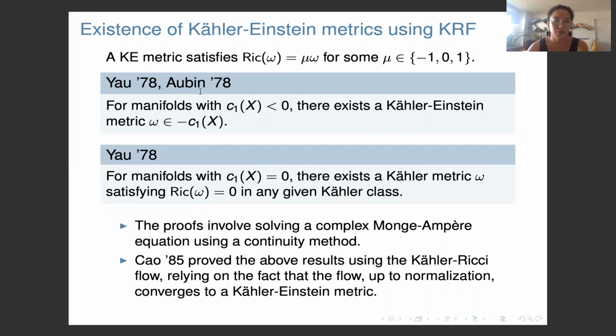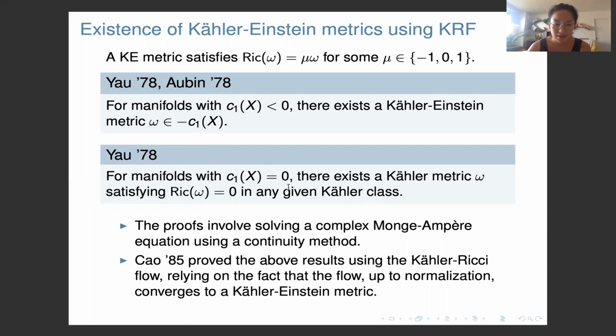In 1978, Yau and Aubin showed that for manifolds with negative first Chern class, there always exists a Kähler-Einstein metric lying inside negative c1 of x. And then in 1978, again, Yau showed that for the case of the Calabi-Yau manifold, so those that satisfy c1 of x vanishing, there in fact exists a Kähler metric omega that is Ricci flat in any given Kähler class.